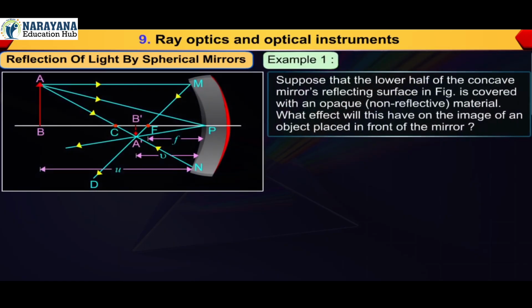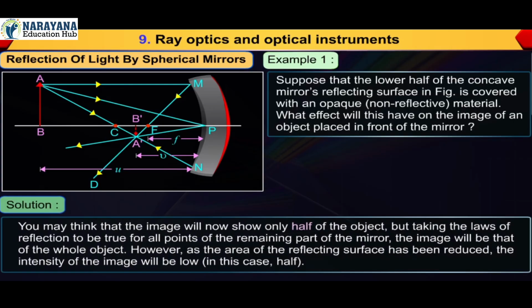Example 1. Suppose that the lower half of the concave mirror's reflecting surface in the figure is covered with an opaque, that is non-reflective, material. What effect will this have on the image of an object placed in front of the mirror? Solution. You may think that the image will now show only half of the object.